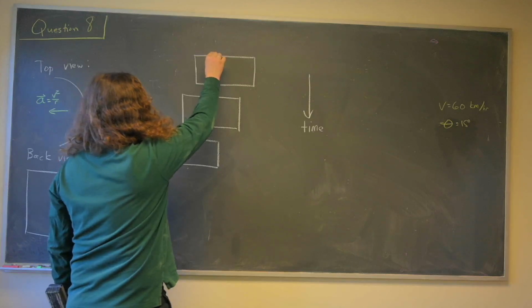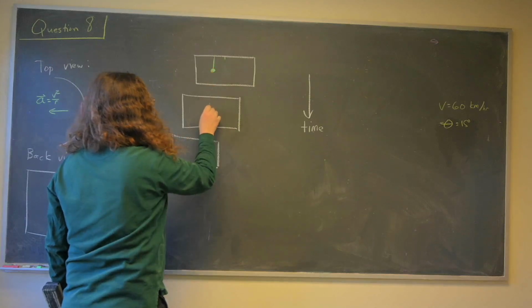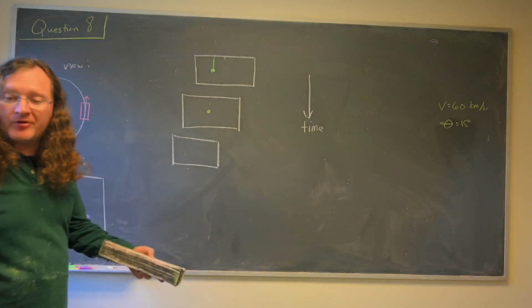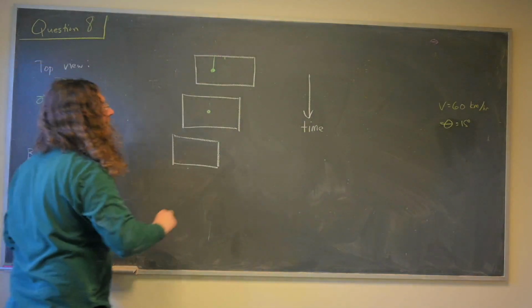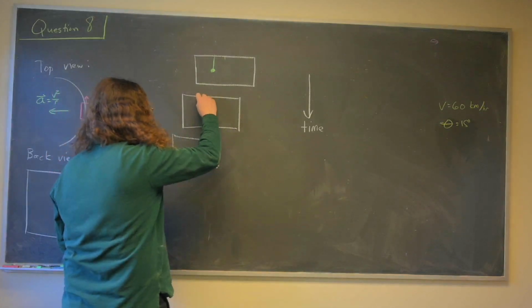As this point of attachment shifts to the left, in the beginning the stone will stay in the same place. It's not going to accelerate unless a force acts on it. But the point of attachment has moved over here.